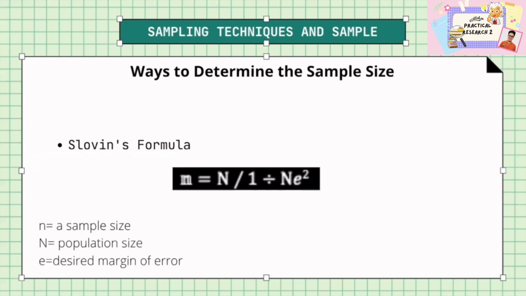What are the ways to determine the sample size? One of the ways to do this is by the use of Slavin's formula. Actually, Slavin's formula is the most commonly used by researchers to determine their sample size. But there is also a debate that Slavin's formula is no longer recommended.